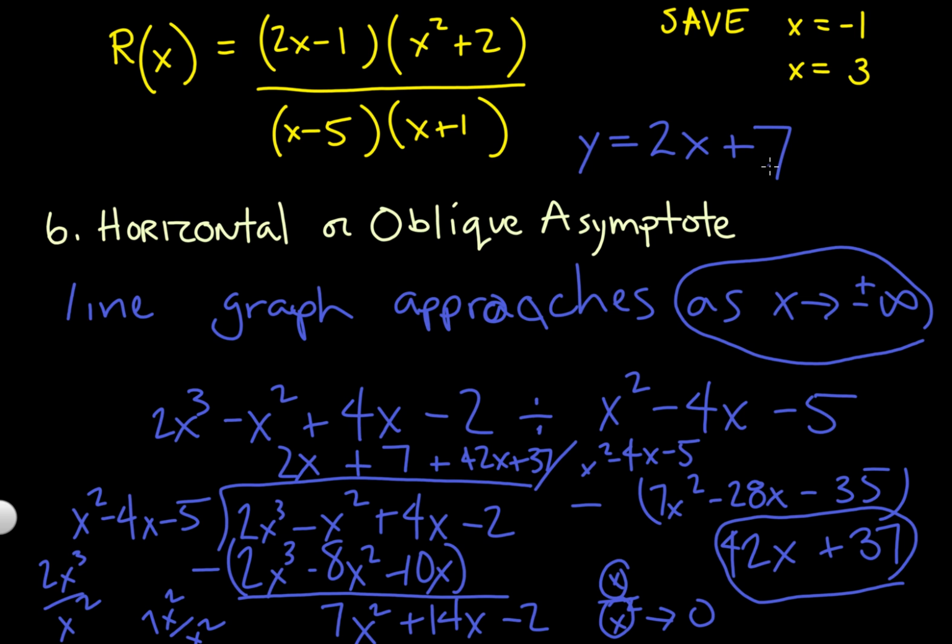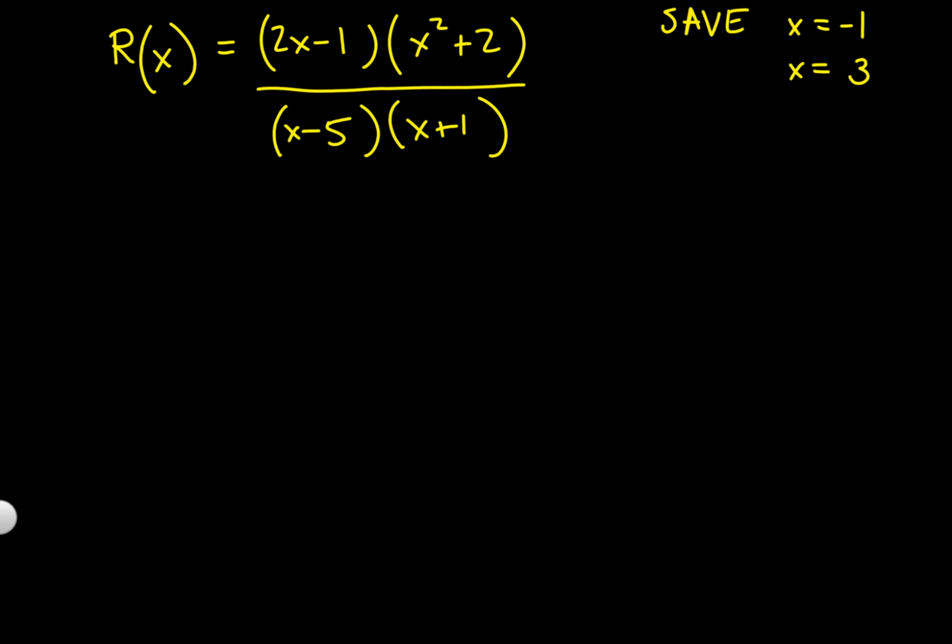We're going to look at horizontal and oblique asymptotes in more detail in a second video. But at this point, we can go forward and finish up by looking at the holes. A hole comes from my saved factors, the ones that were canceled and saved.